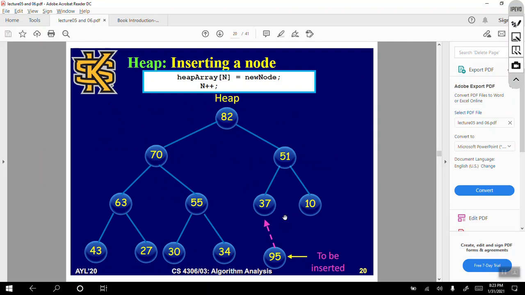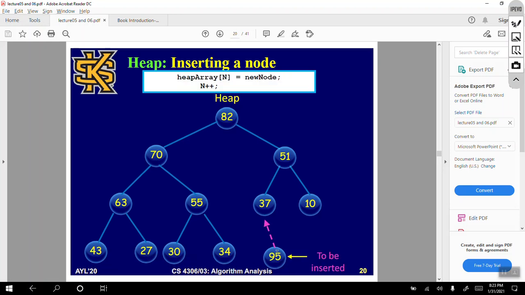Now how do we insert a node in a heap? Inserting a node in a heap, we know it will initially go to the last position. Here 34 is the last element, so any new element will be placed here first, right?